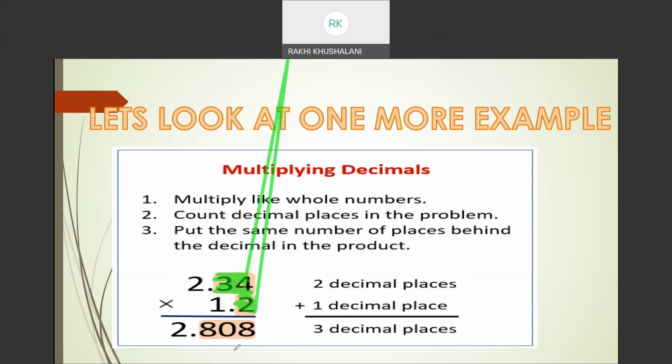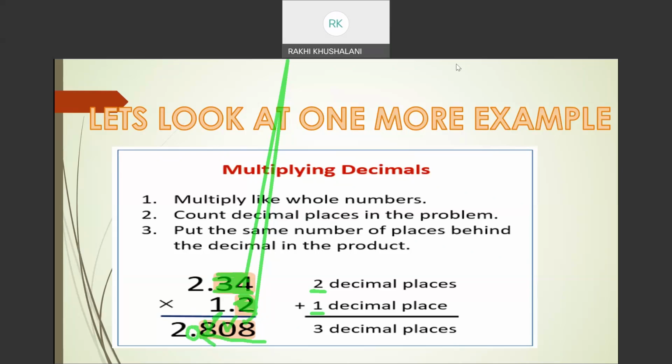So basically here it is 2 and here it is 1. While putting the decimal point, you're going to move from right to left. तीन decimals हैं 1, 2 and 3, and here you put your decimal point.